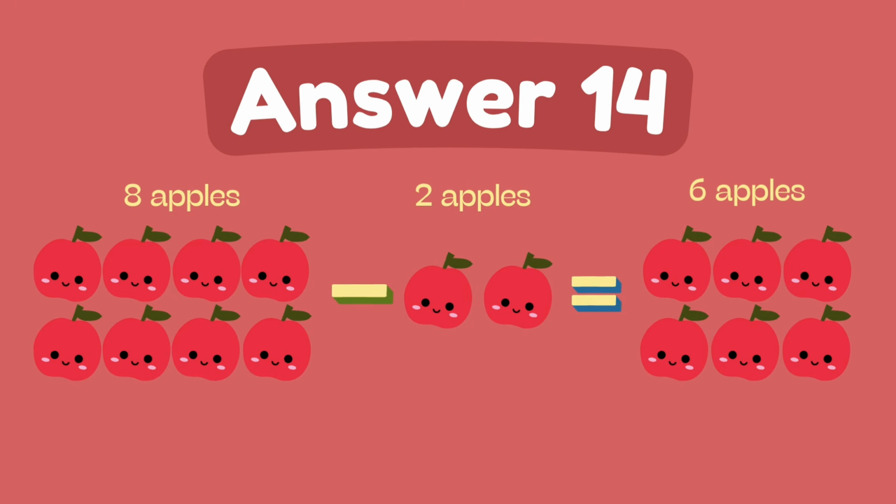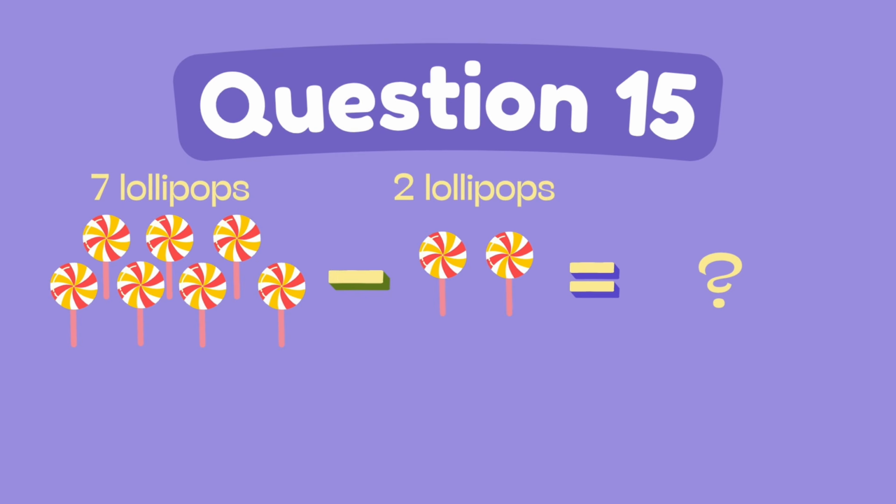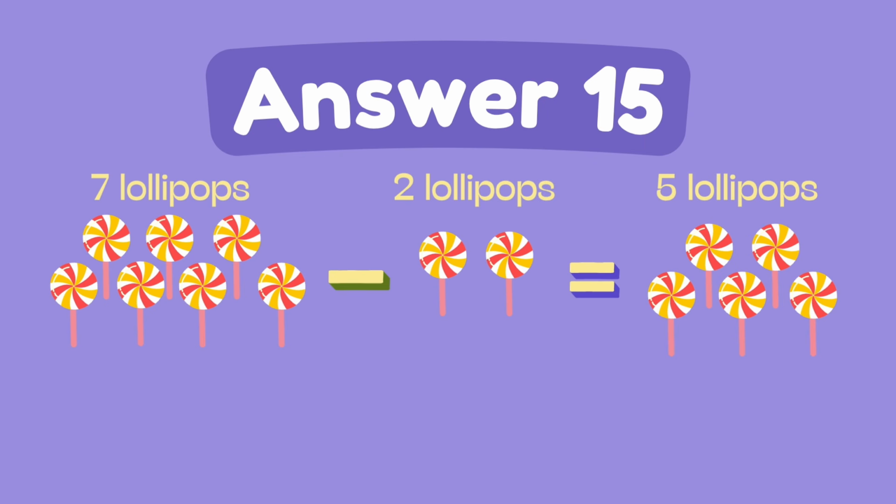The answer is 6. What is 7 minus 2? The answer is 5.